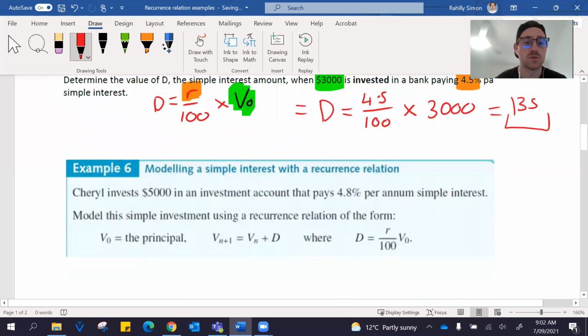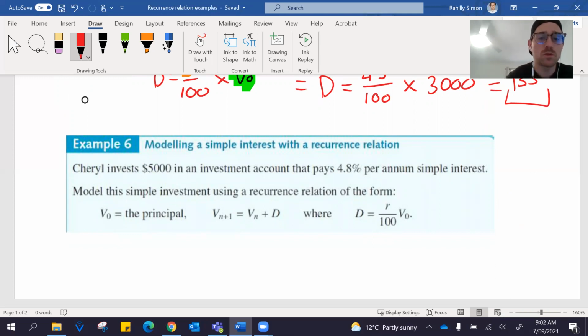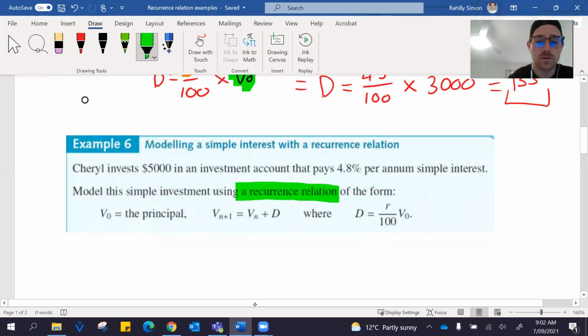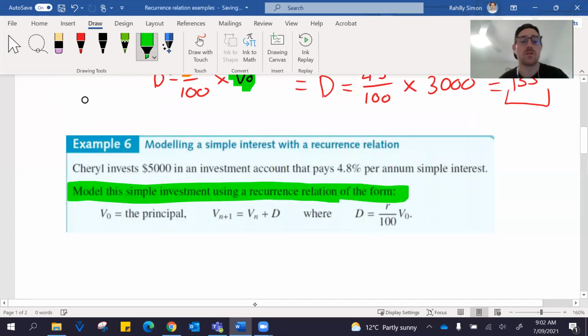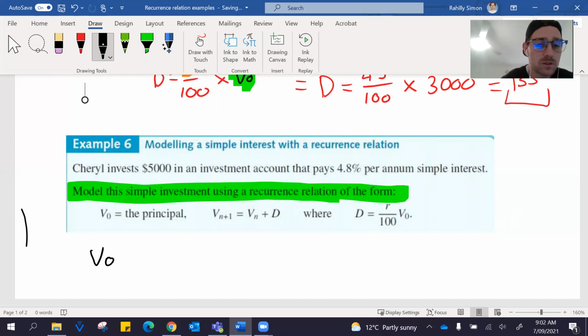Now, our second example: Cheryl invests $5,000 in an investment account that pays 4.8% per annum simple interest. The question is asking us to model this using a recurrence relation of the form below. V0 equals the principal, Vn+1 equals Vn plus D. Now, to model this, all you are doing is putting our values into this formula.